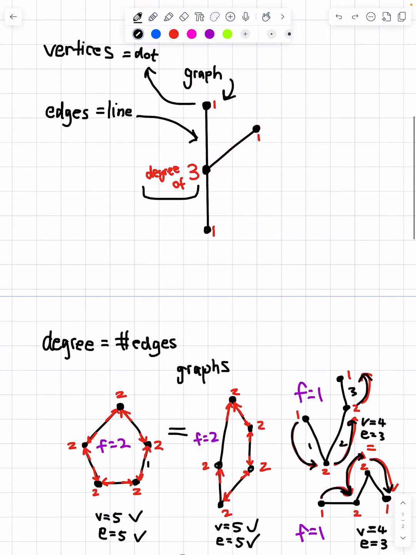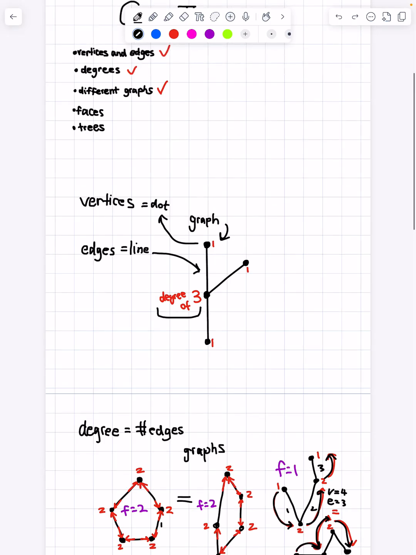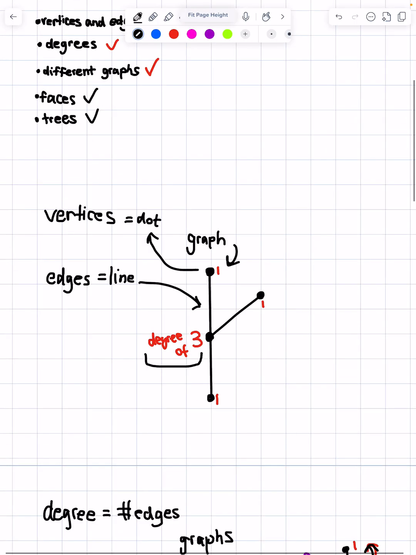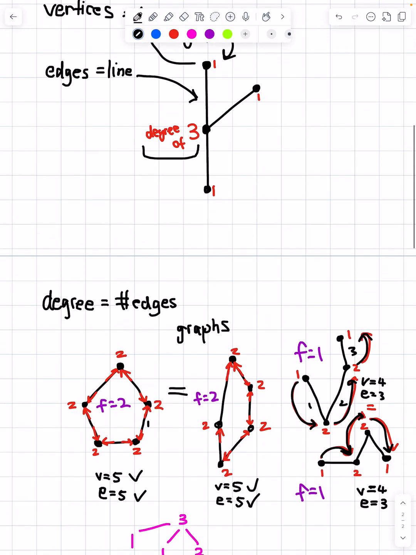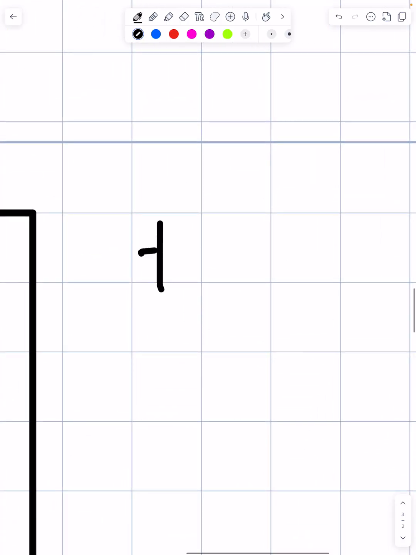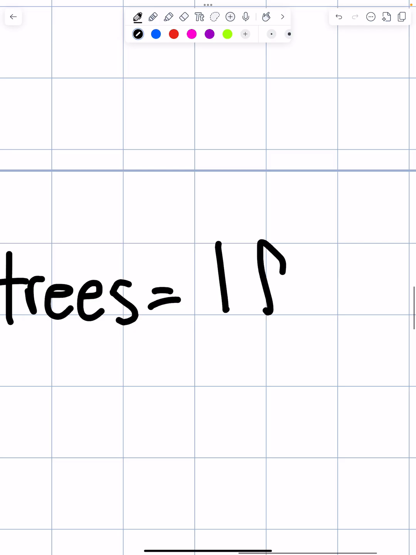So, next thing we're going to talk about trees. What are trees? Trees are graphs with only one face.